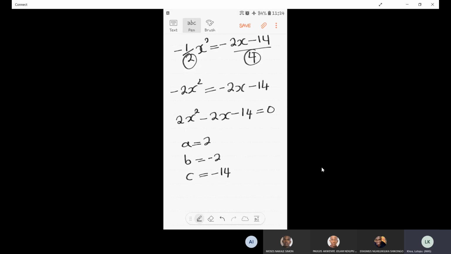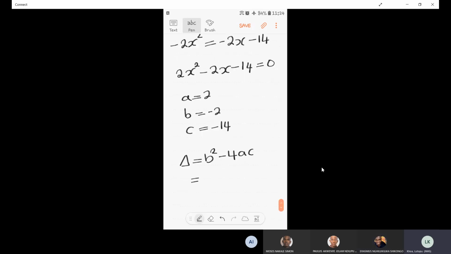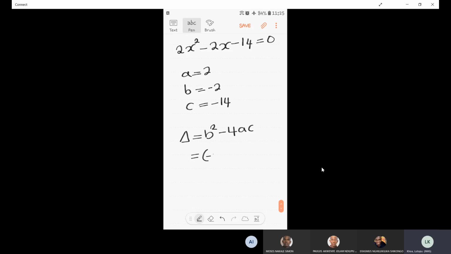All right, then my discriminant, the formula is b squared minus 4ac. Now b squared, this is negative 2 squared minus 4, and then a is 2, c is minus 14.